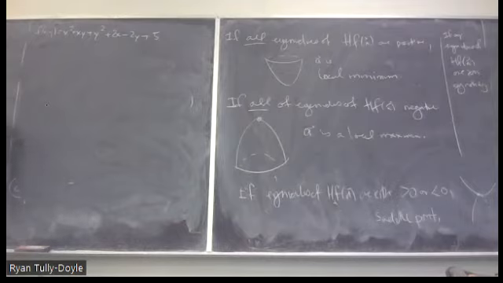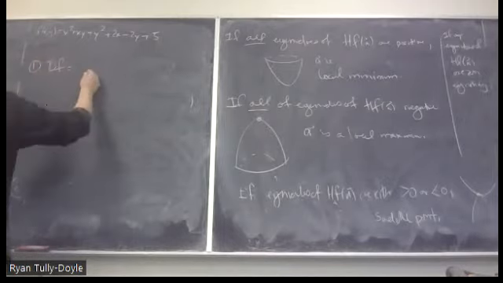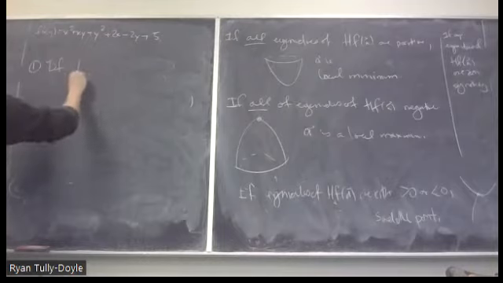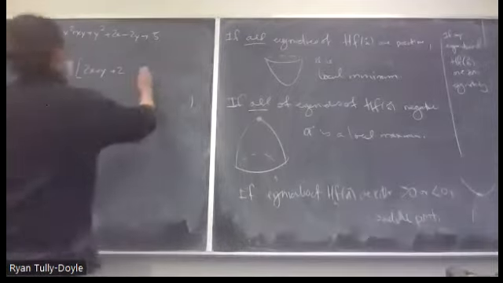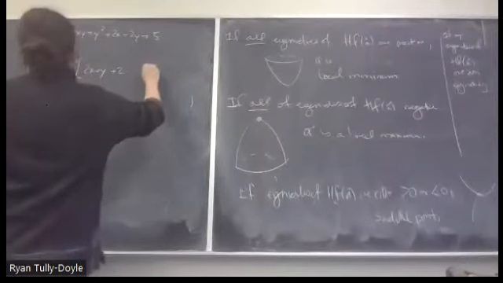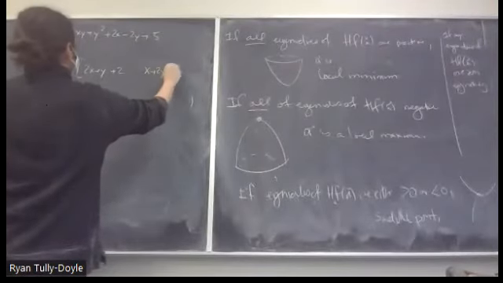Okay, so let's find the critical points. How do I do that? What do I have to start with? I want to find critical points of this thing, possible local maxima. What am I going to do? df. So df is the x derivative, which is 2x plus y plus 2, and the y derivative, which is x plus 2y minus 2.